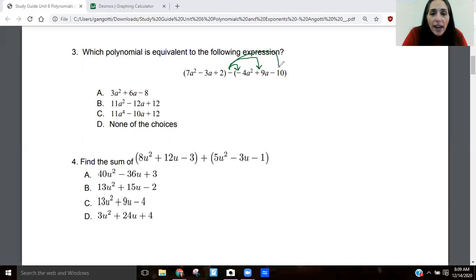When you have subtraction, that's a big deal. Addition, it doesn't matter, but with subtraction, you've got to make sure that you apply that negative to every single one of these terms, because you're not just subtracting the first one, you're subtracting all of them. So this will become a plus 4a squared. This will become a minus 9a, and then this will become a plus 10.